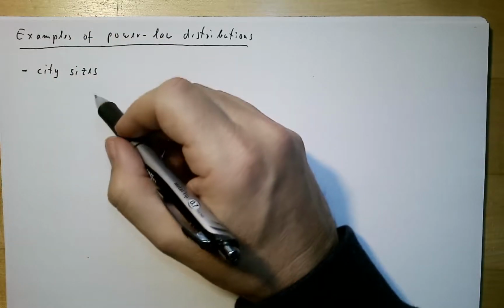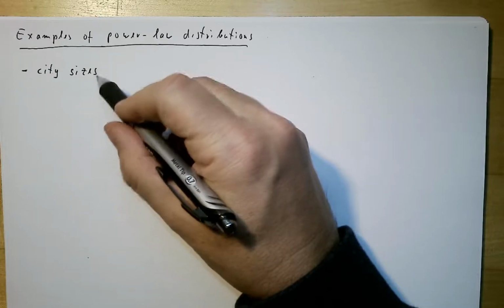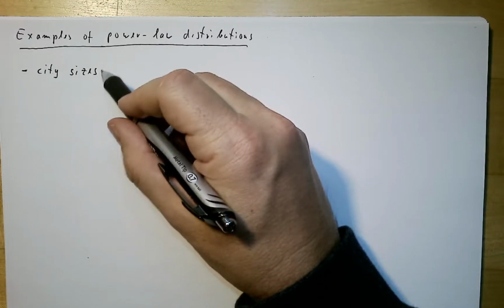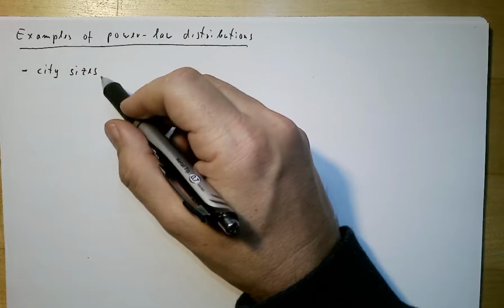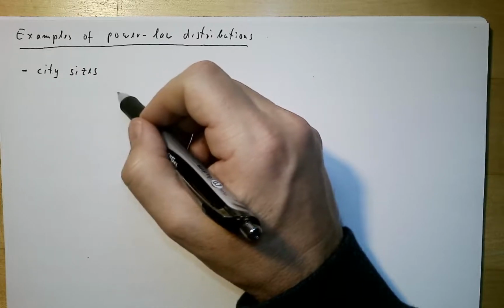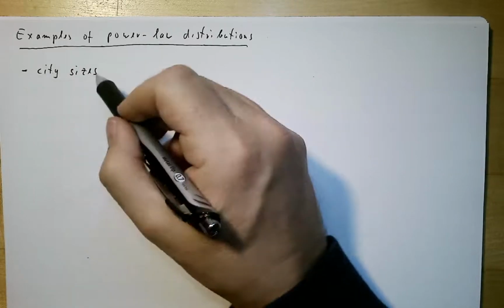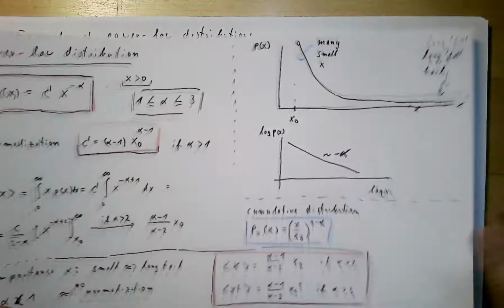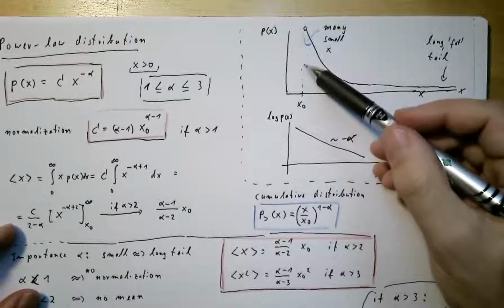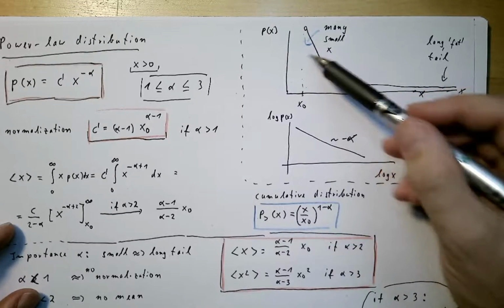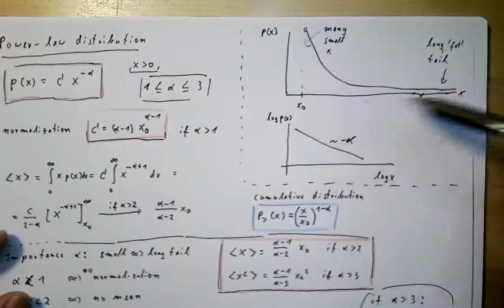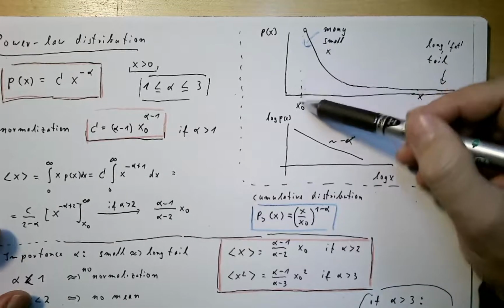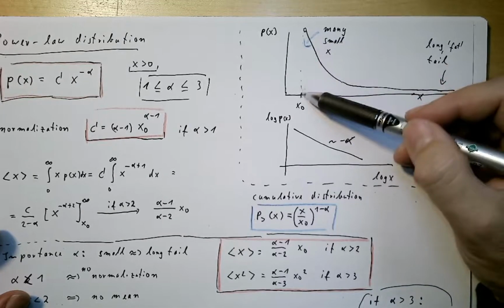So take a database of city sizes, the number of inhabitants of cities in a country or a continent. You plot this, and you will see that the distribution of city sizes follows a power law, meaning that you will have many small villages. It depends, of course, how small the smallest value in your database is.